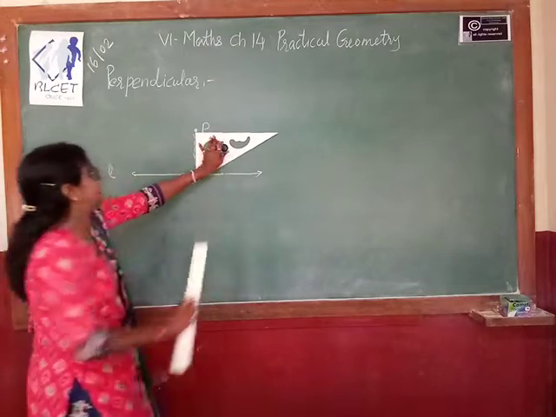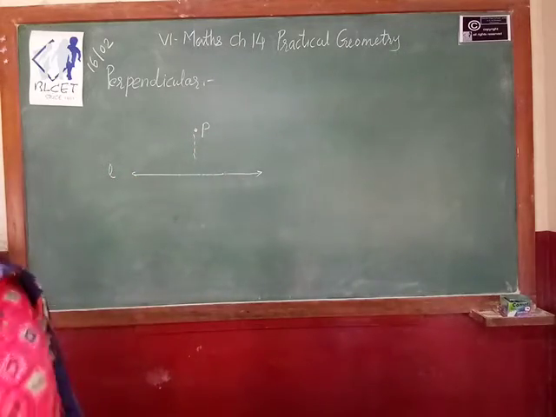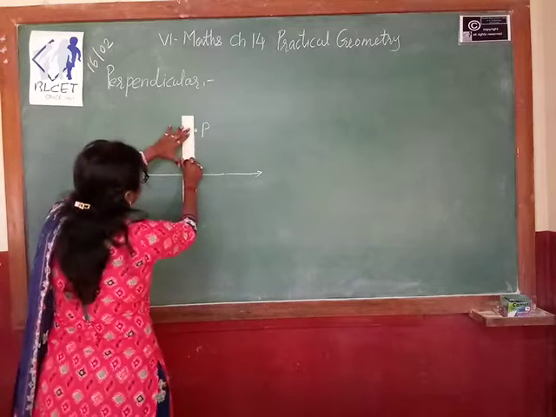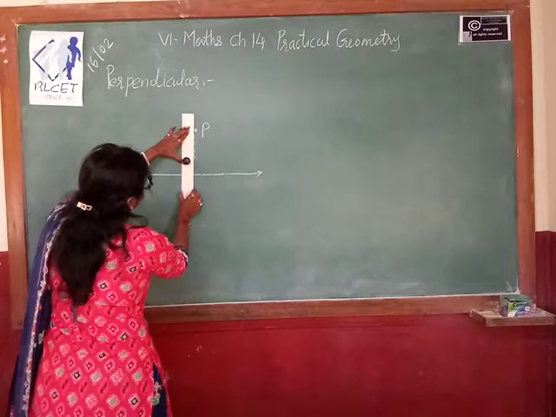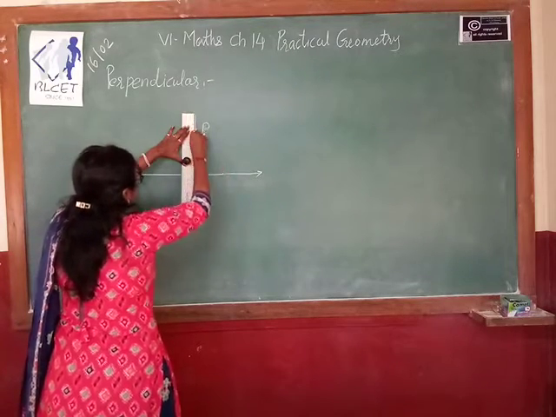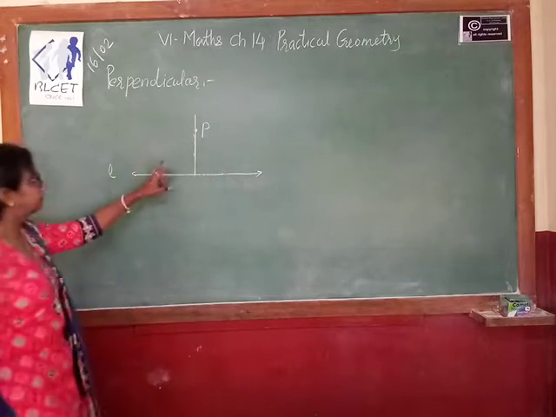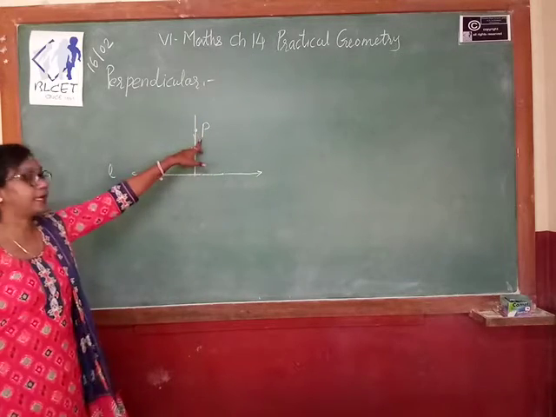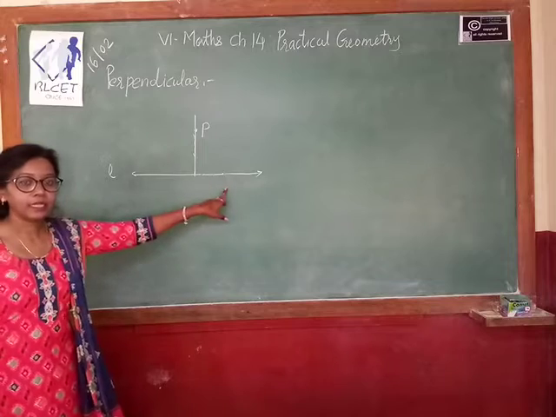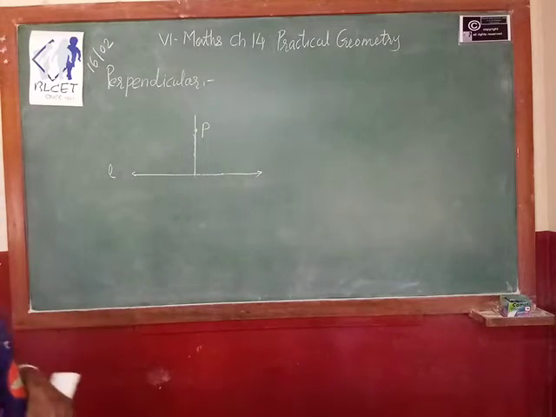We just mark it. It's okay. Now what we have to do? Draw the straight line. So whatever line we are getting, this is exactly the perpendicular of this line. Again I am repeating.